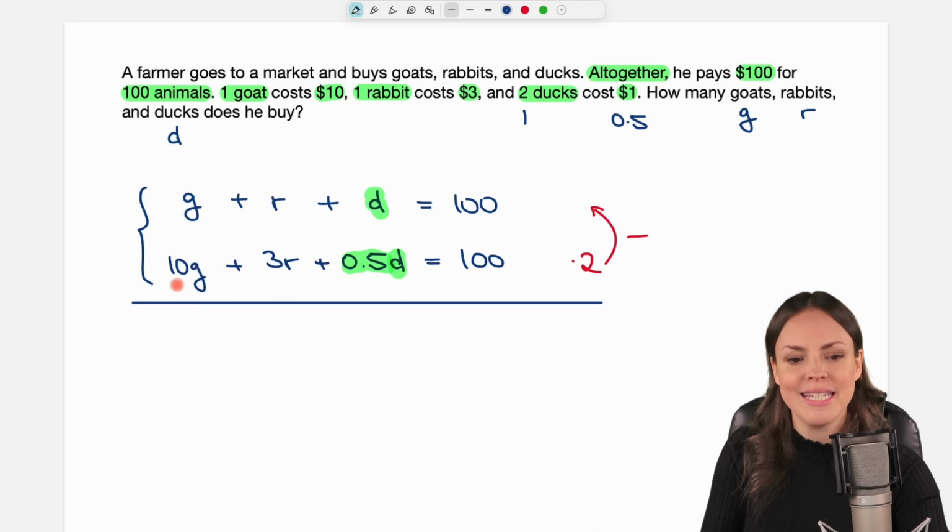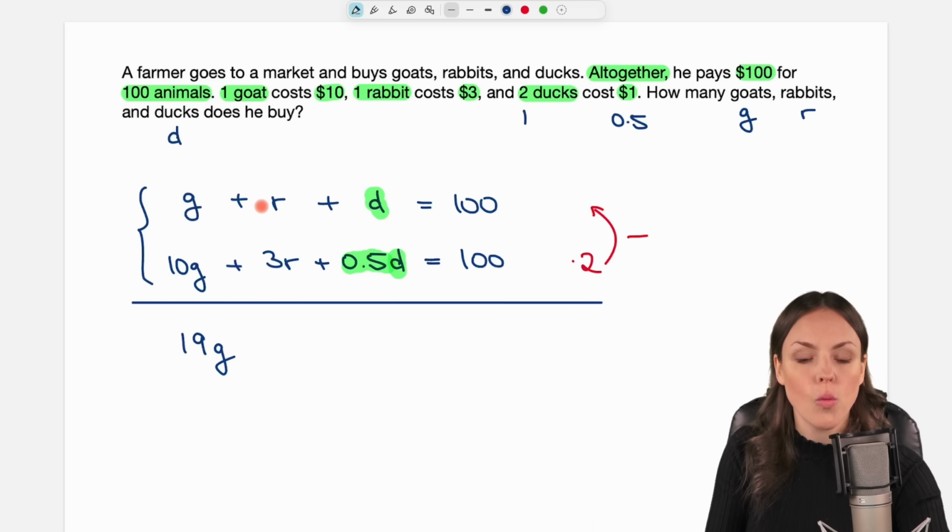We start here. 10G times 2 equals 20G minus 1G gives us 19G. Then R next. 3R times 2 equals 6R minus 1R equals 5R.